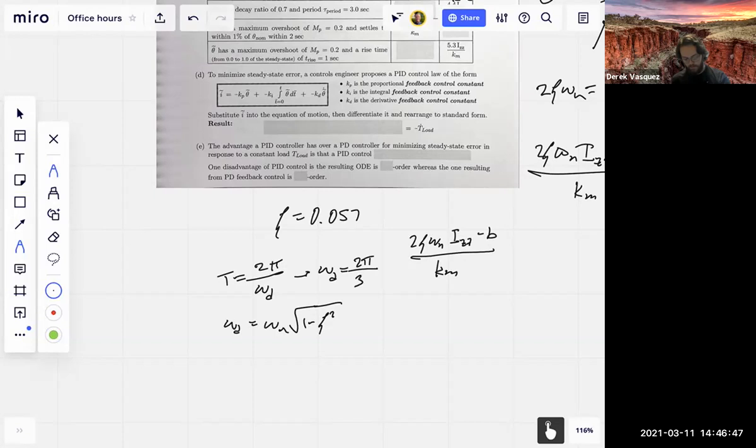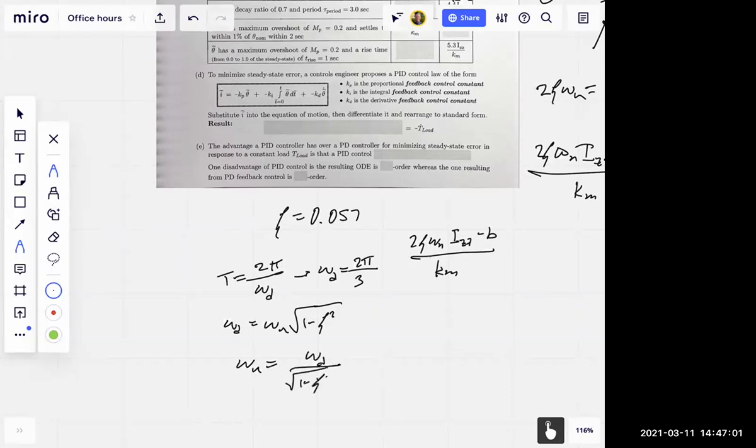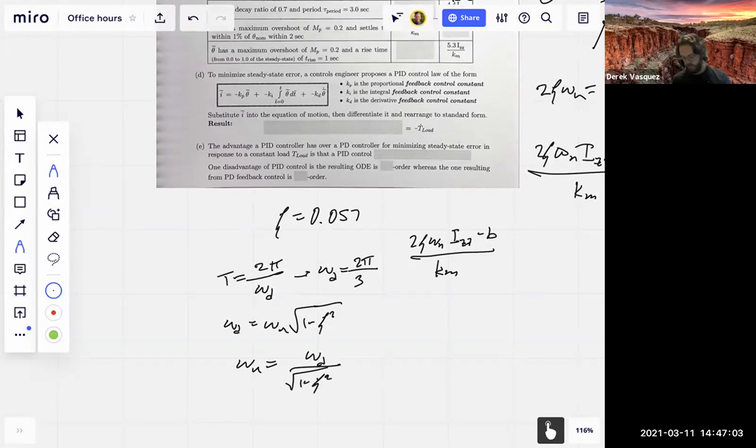So you did 2 pi over 3. Oh, I might have done that wrong. Yeah, it should be somewhere around 2, right? So 2 pi divided by 3 is about 2.09 for omega d.